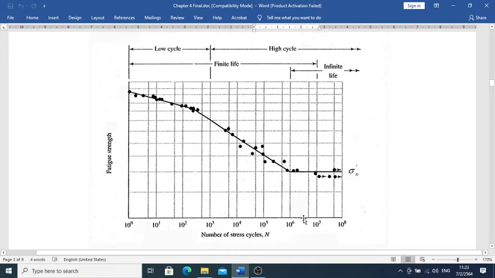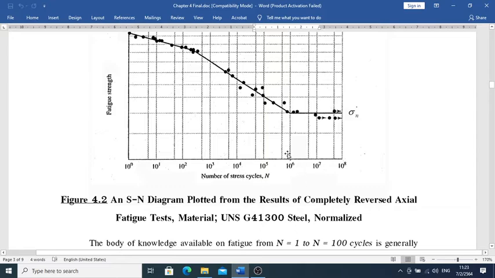Some standards go for higher requirements, like 10 to the power 7, rather than 10 to the power 6. But for normal machine design, we just use the requirement of 10 to the power 6. In conclusion, we just meet 10 to the power 6 for the ISO standards.